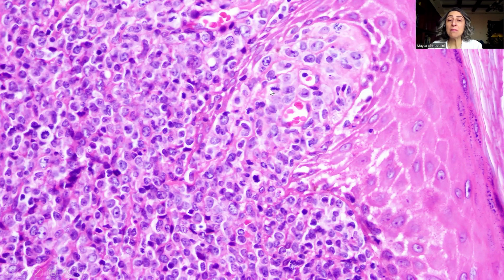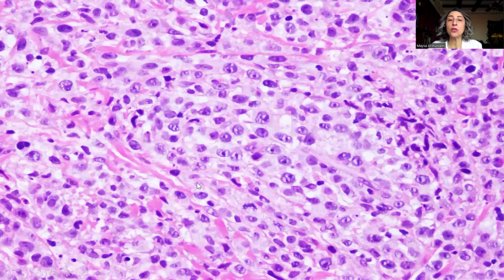And then we can see many mitotic and apoptotic figures. On zooming in further into the infiltrate, again we have a monotonous infiltrate with these cells with vesicular nuclei, very prominent nucleoli, and abundance of apoptosis here and there.